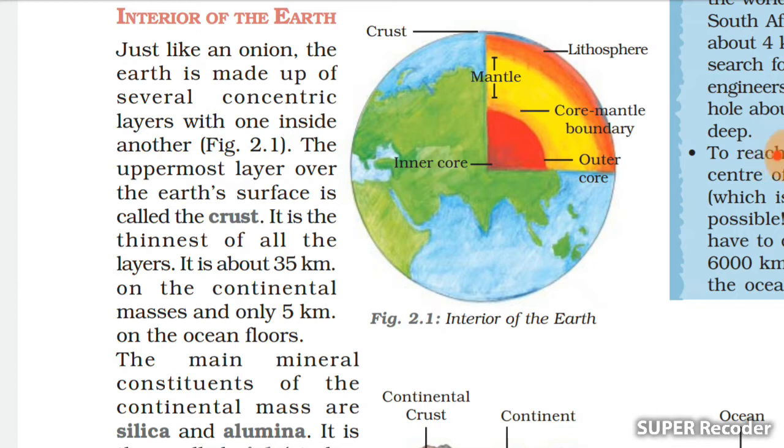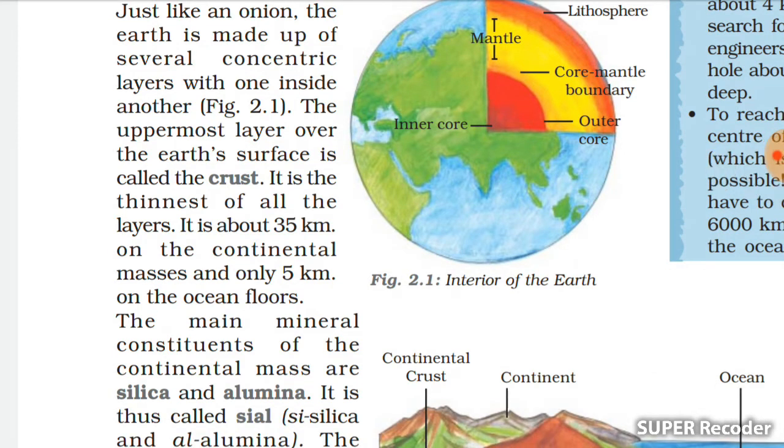The outer layer of the inner core is the outer core, and the boundary between the mantle and the core is called the core-mantle boundary, which is a boundary for the outer core. It is in between, inside of the earth.